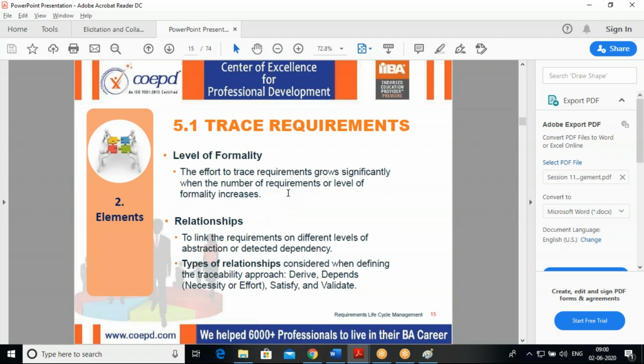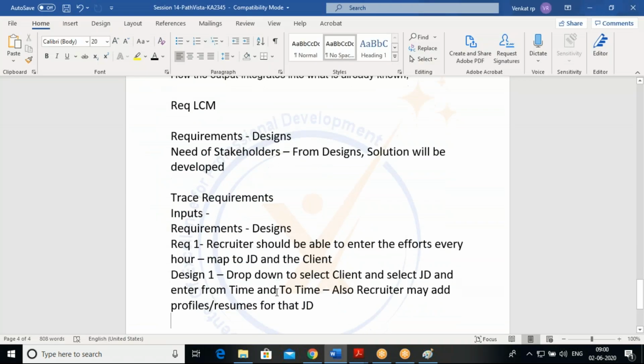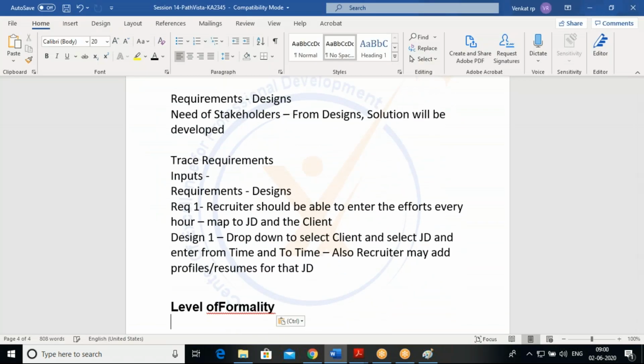Level of formality means, first of all, you have to understand which stakeholder needs that information and to what extent. Please understand, this is not complete, I gave just one requirement and one design. You have to upload at least some 10 requirements and 10 designs, then only you will get it.